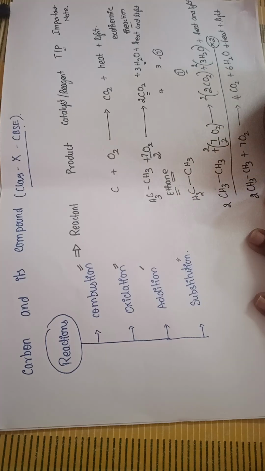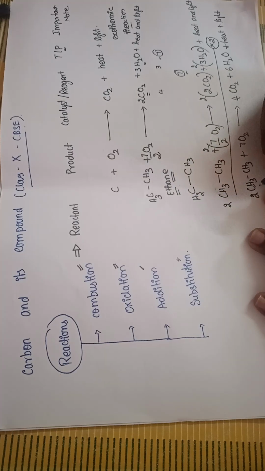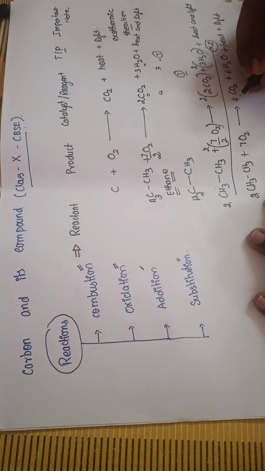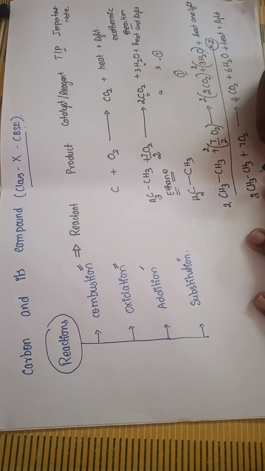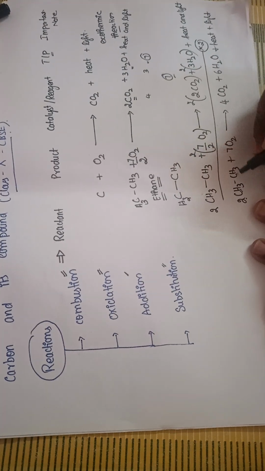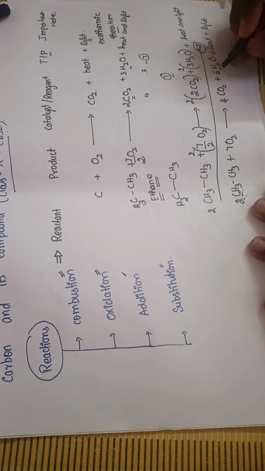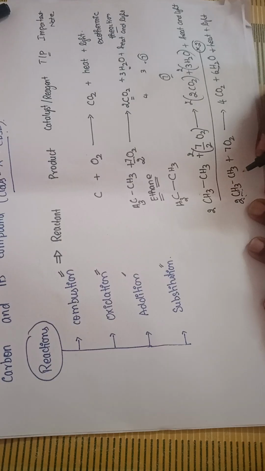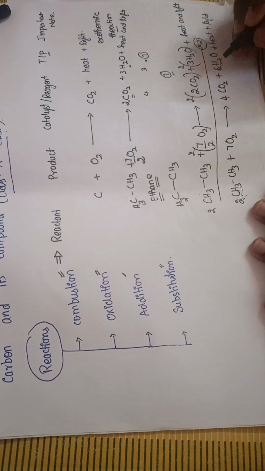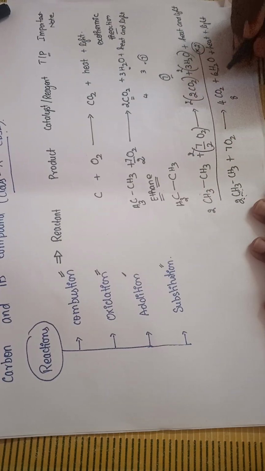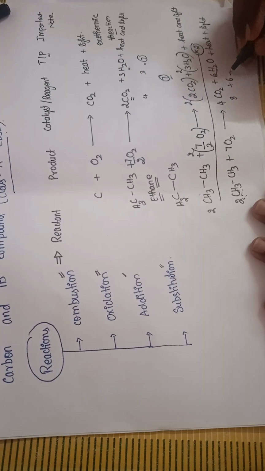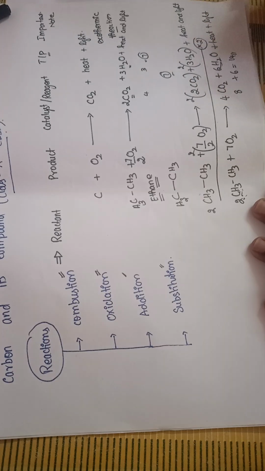This side in each molecule we have 2 carbon, 2 molecules, 4 carbon. Here also 4 carbon. This side each molecule contains 6 hydrogen, 2 molecules, so totally 12 hydrogen. Here also 12 hydrogen. This side 14 oxygen. Here we have 8 oxygen and here 6 oxygen, so totally 14 oxygen. The reaction is balanced.